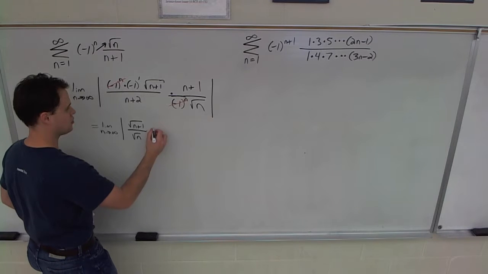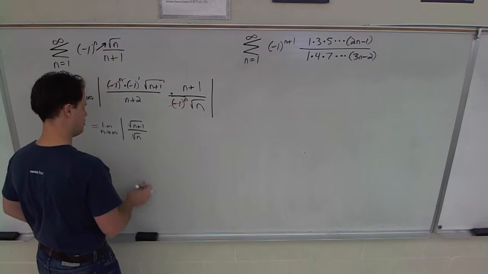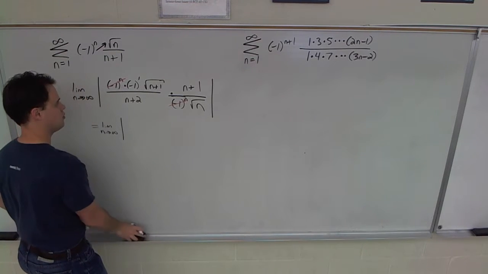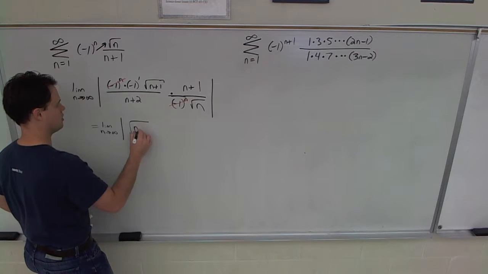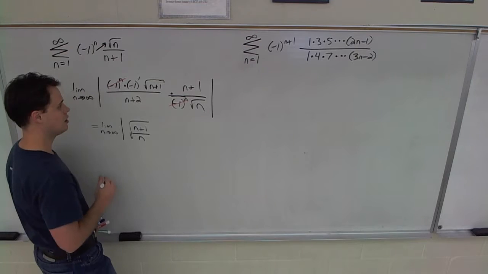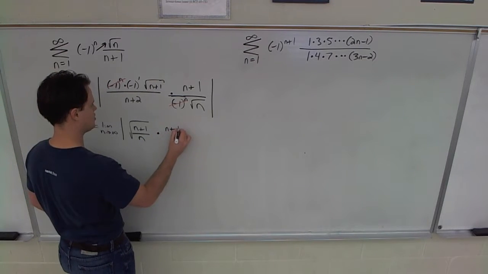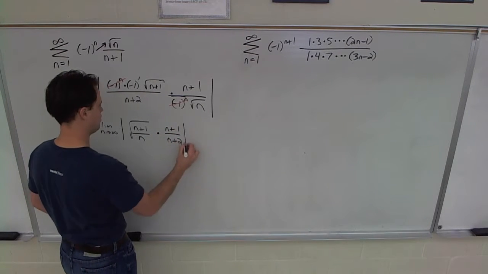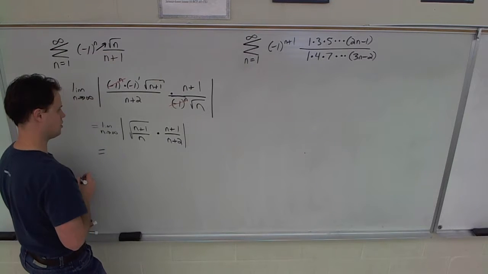Well, we still have this part, right? Oh, I guess we could suck these into a single square root. So we could write that as the square root of (n plus 1) over n, right? Product of square roots does that. And then we've still got these guys. Dang it, they're still there. So let's think about this.